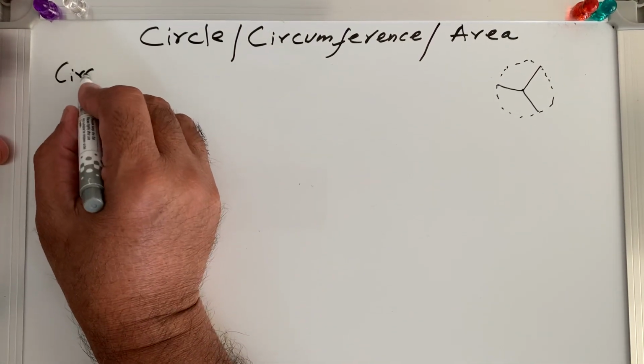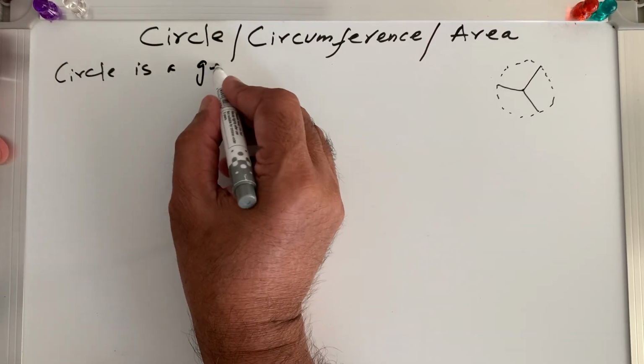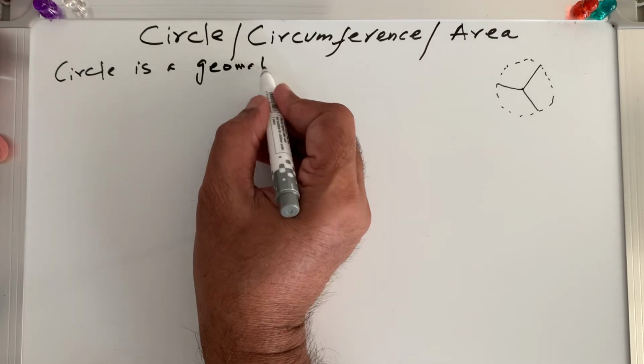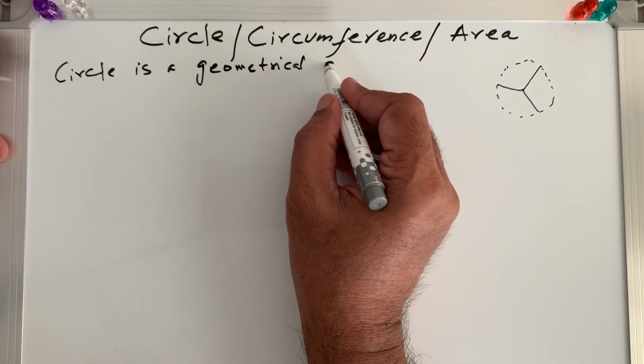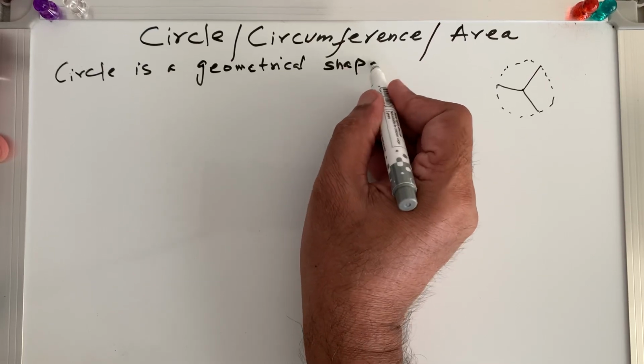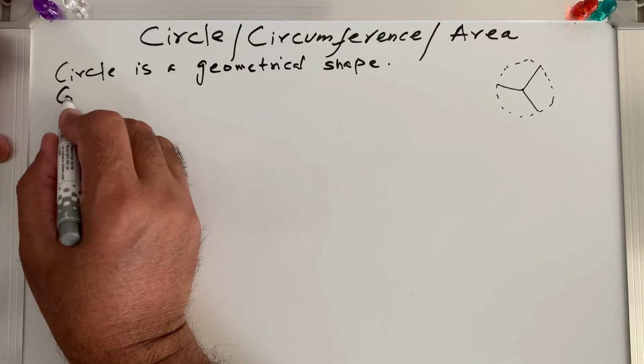First of all, circle is a geometrical shape. And how you define it? Collection of all points.